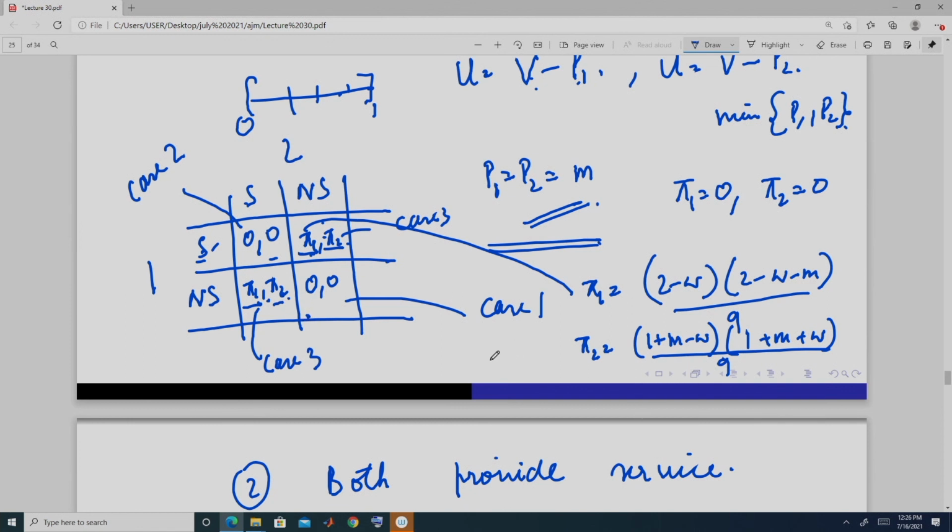So, the subgame perfect Nash equilibrium outcome is that either firm 1 provides the differentiated product and firm 2 does not provide the service, or firm 1 does not provide the service and firm 2 does. So, this is a form of tying where both firms are not doing tying, only one of them is, and the tying allows them to differentiate the product.